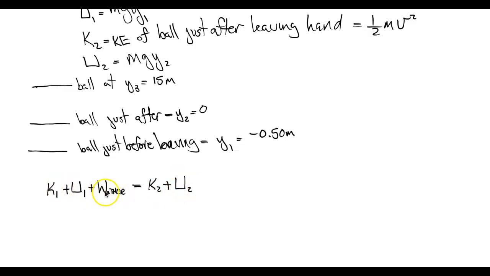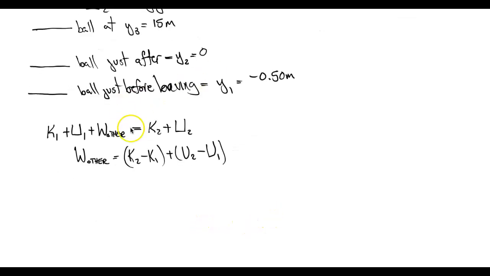And notice there's a difference now between this mechanical energy and the one we used in part A, because there's an external force here that we're taking into account, which is the one from our hand. So the work done by this other force, other than the kinetic energy or the potential energy, is going to equal K2 minus K1, right? If we combine some of these terms, U2 minus U1.